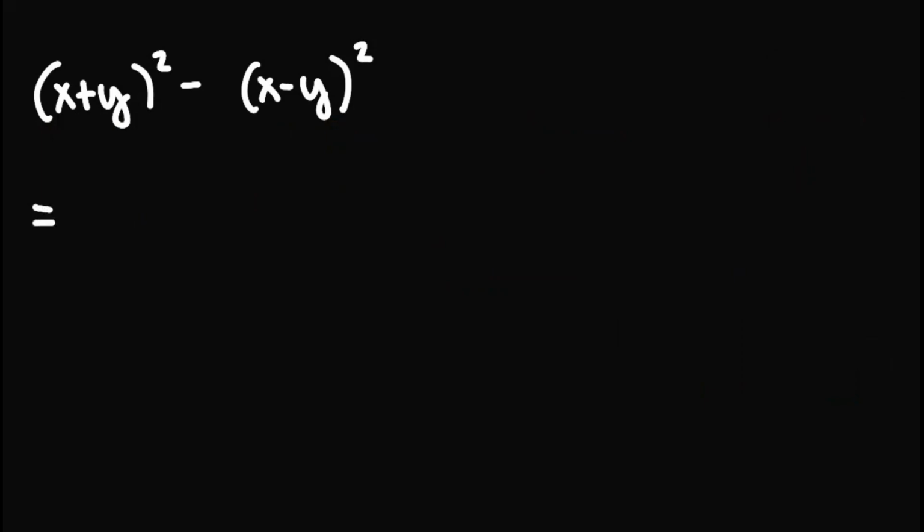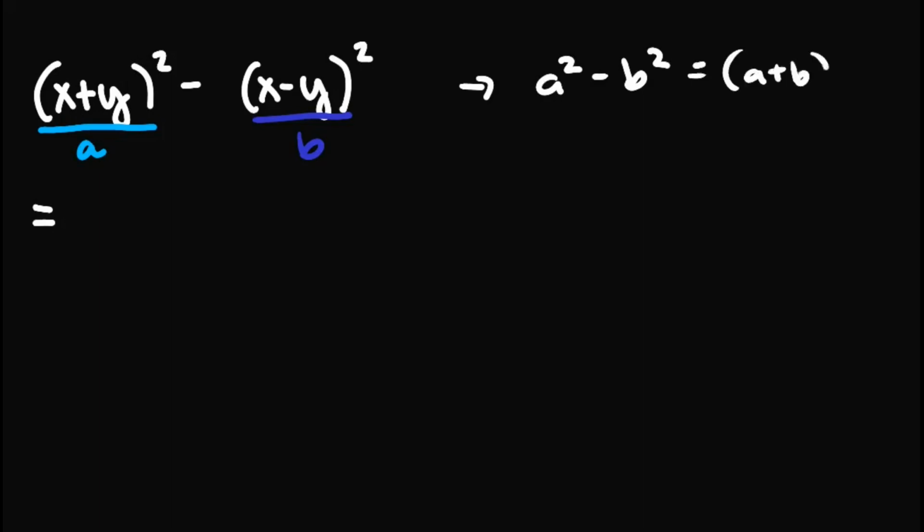First, note that if we treat this one as a single variable, say this is a, and we say this is b, then it is of the same form as a squared minus b squared, which we know to be, in factored form, a plus b times a minus b.